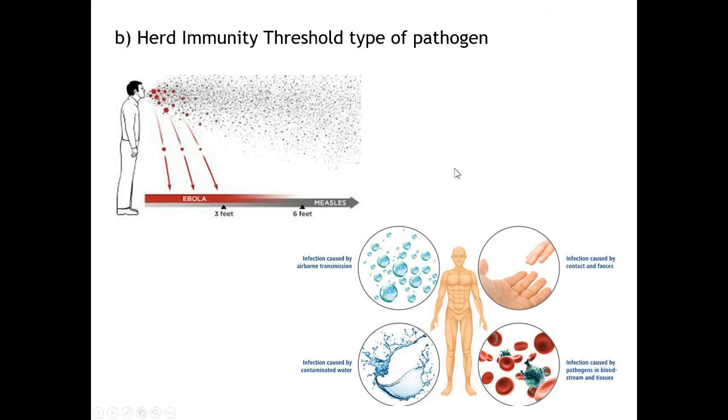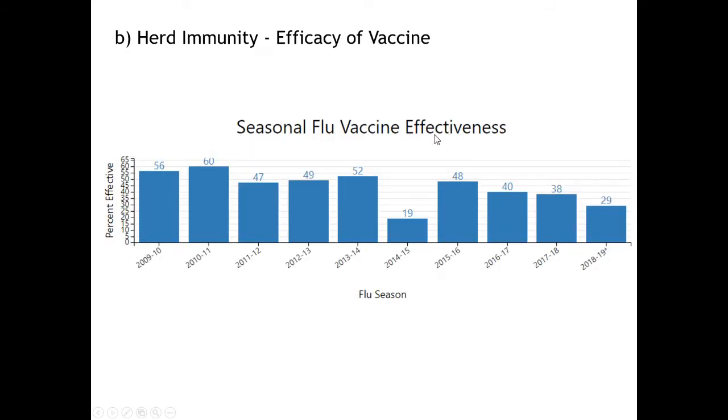Whereas we're quite often in the same room as someone we don't know, and we breathe the same air. So the type of pathogen is affected by its method of spread and the number of people you're in contact with through that method of spread. So different pathogens will have different herd immunity thresholds.